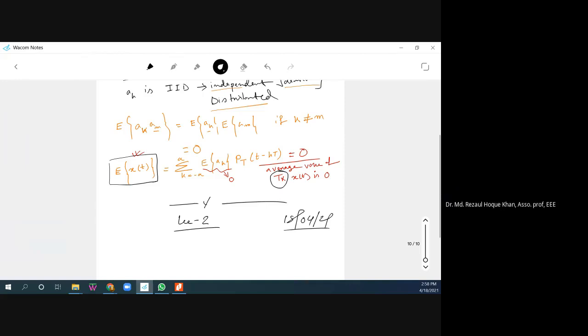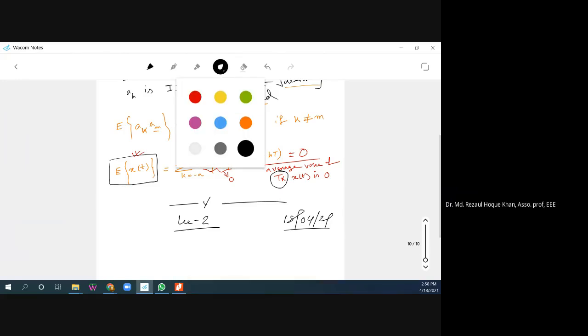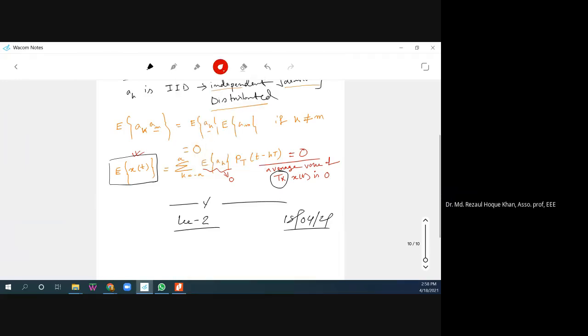Okay, so we have seen the expected value or the average value of this transmitted signal is 0. Now we'll try to find what is the spectrum of this transmitted signal.